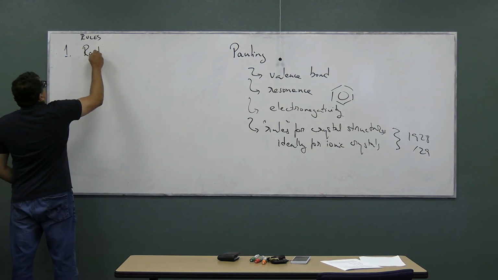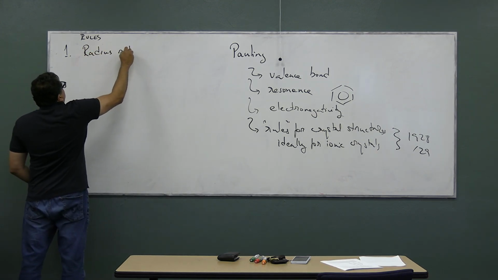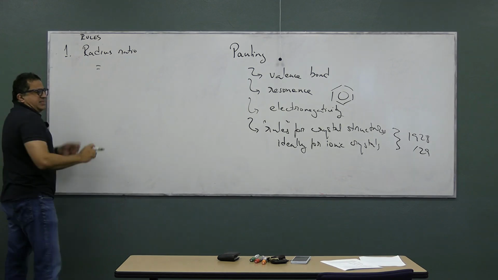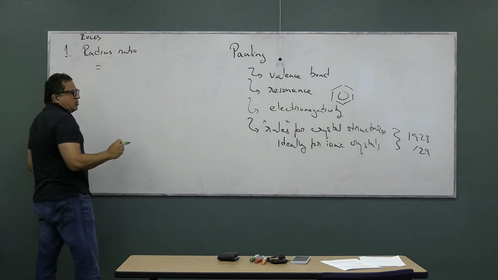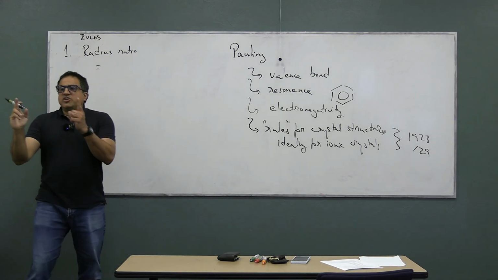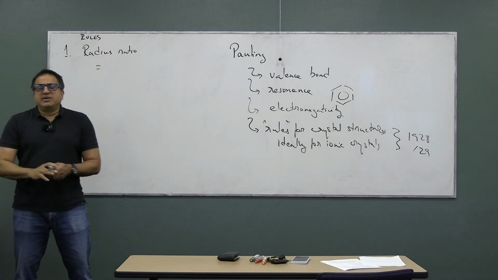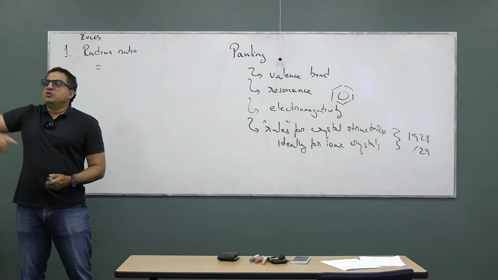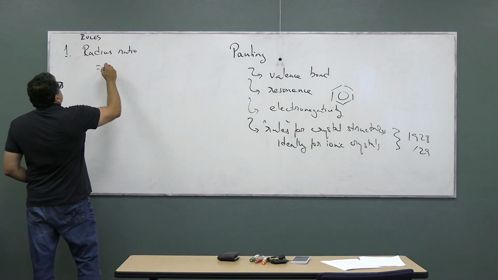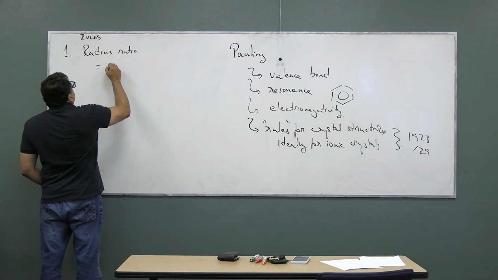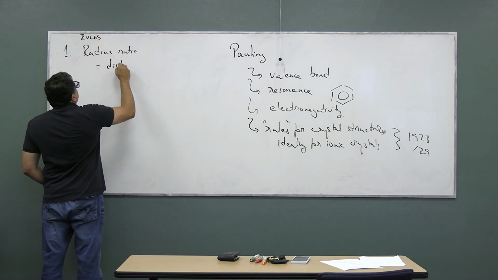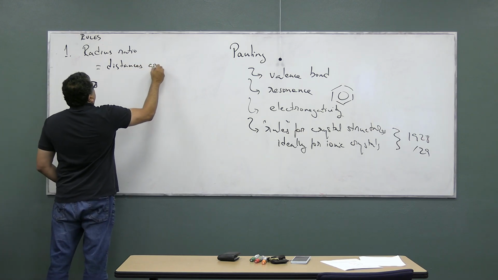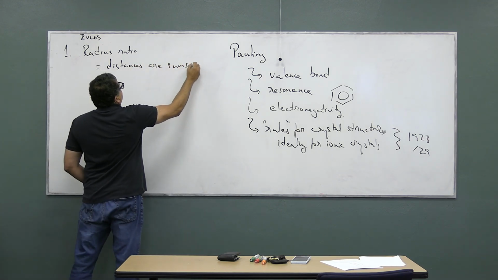Okay? But the first rule of Pauling is called the radius ratio rule, and you're probably familiar with it. So it says the distance between, these are for salts, so we are always looking at cation-anion pairs. For example, sodium chloride, we are looking at a sodium and its neighborhood of chlorides. Distances are sums of radii.